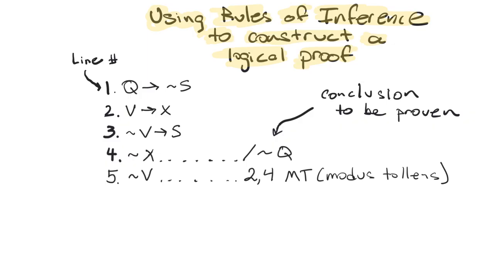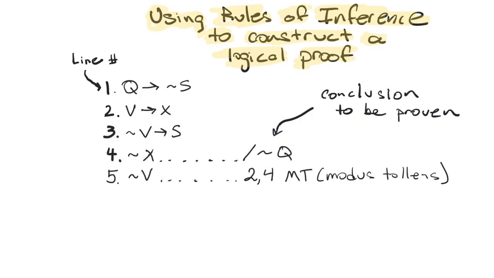Okay, so we go back and we look. Now that we have lines 1 through 5 to work with, let's see what we can come up with. If we look at lines 3 and 5, we can see line 3 is a conditional with the antecedent being the negated v: if the negation of v, then s. And line 5 is the affirmation of that antecedent. So we can just use the modus ponens rule of inference to derive s.